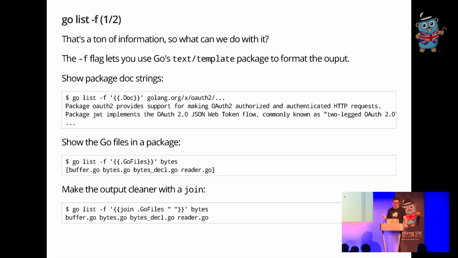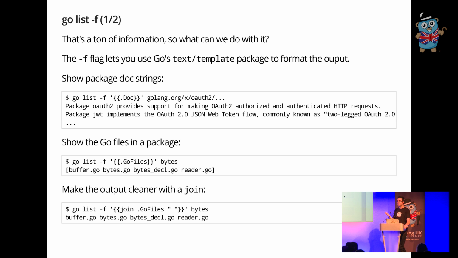And one of them is with the -f flag, which specifies the formatted output of the GoList command. And the -f flag actually uses Go's text template package as its language. And the data that's supplied to that package is that package struct itself.